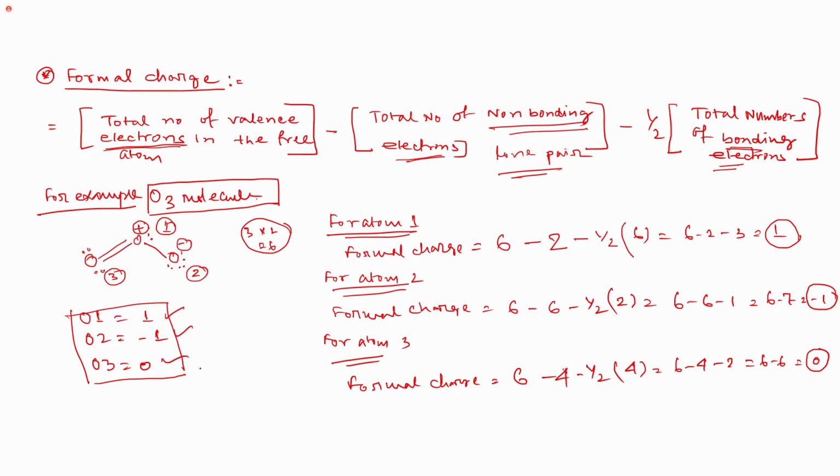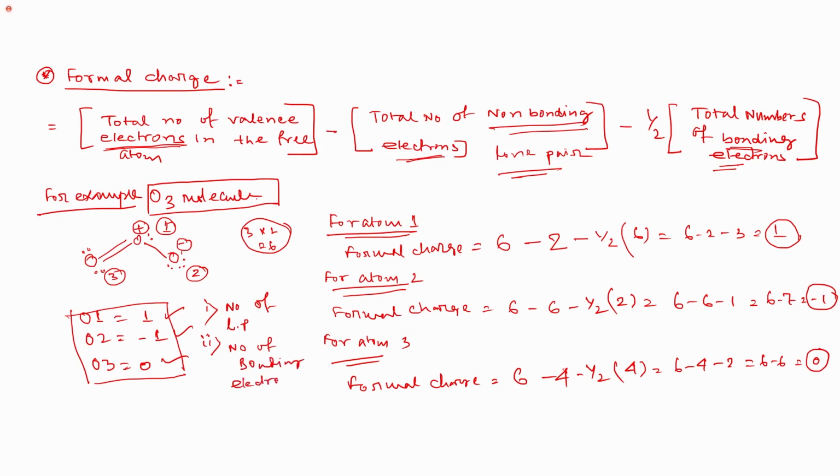So from that formal charge value, what can you indicate? From that formal charge value, you can calculate the number of lone pairs, how many lone pairs are present here, or how many non-bonding electrons are present here. Then you can also calculate the number of bonding electrons.